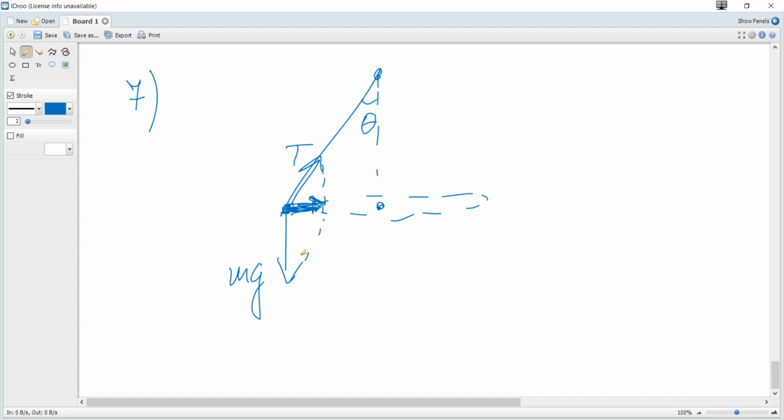So the vertical component is 0, and we need the magnitude. And if we consider this triangle, you can see that theta is also here and theta is also here. And if we consider this triangle, it's T, it's mg, theta is here, and it's the resultant force. It's not a third force, it's just the net force, or ma, or resultant force.